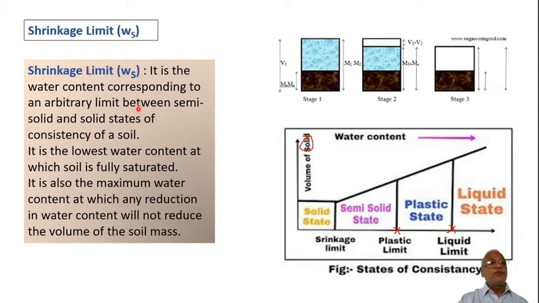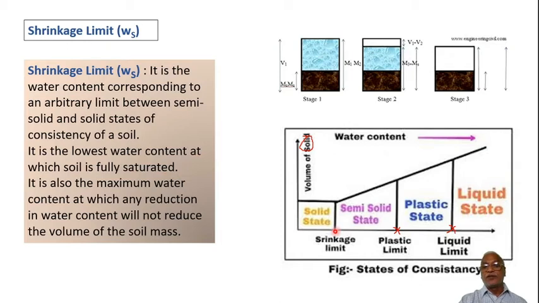Anyway, in words, if you want to define shrinkage limit, it is the water content corresponding to an arbitrary limit between the semi-solid and solid states of consistency of the soil. Semi-solid and solid state, it is between them. It is the lowest water content at which the soil is fully saturated.